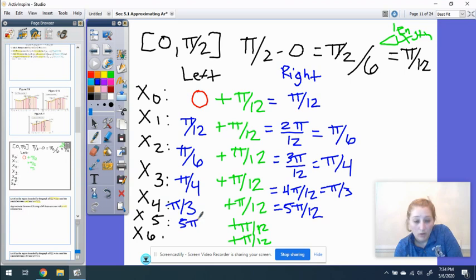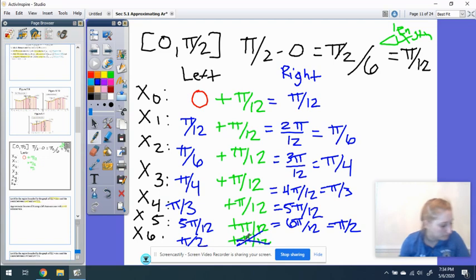And 5 pi over 12 plus pi over 12 is going to be 6 pi over 12. And that is going to essentially be pi over 2. And actually, I am done and don't need to finish this part, okay? Because now I have my 6 intervals.